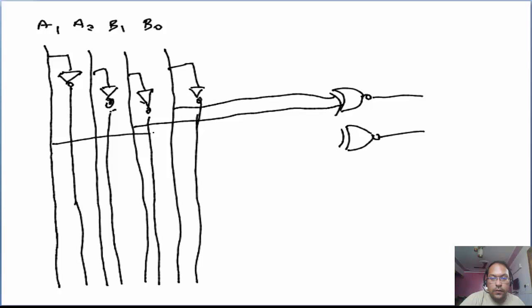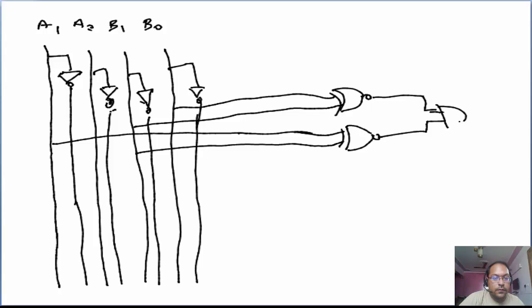Similarly, A1 and B1. Okay, and these two are ANDed together. So this is basically representing A equal to B. Fine. The figures are not that good, but still it will work for you.